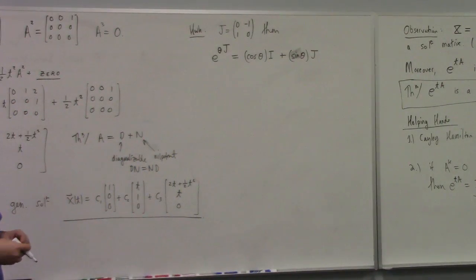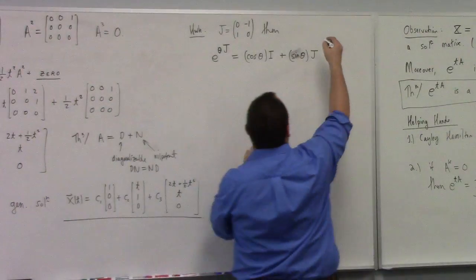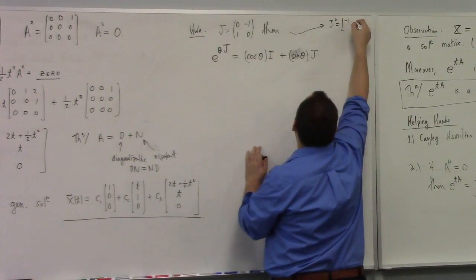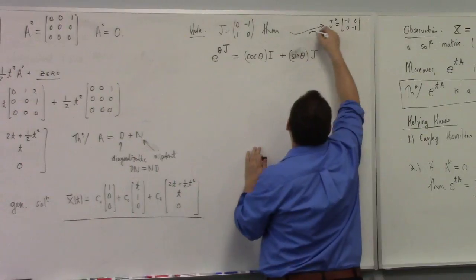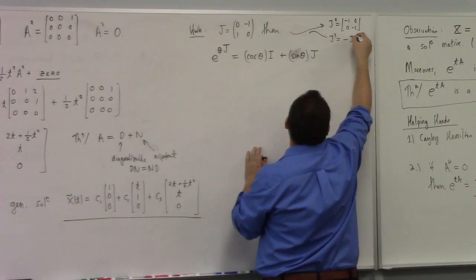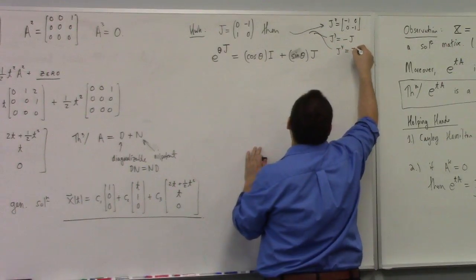So that one you can actually also do, because J is just like the imaginary number. The point here is that J squared is equal to minus 1, 0, 0, minus 1, and J cubed is minus J, and J to the fourth is the identity again.